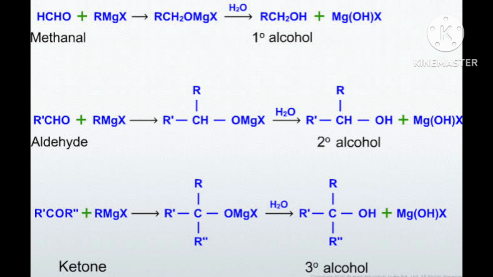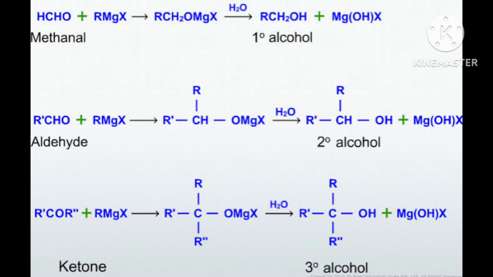The third reaction is the reaction of propanone, a ketone, with methyl magnesium bromide, CH3MgBr. This is the Grignard reagent.